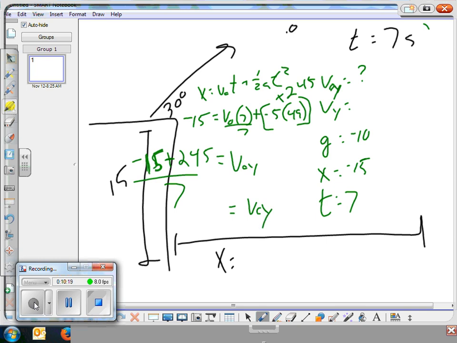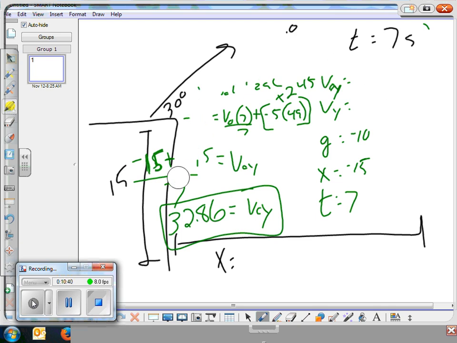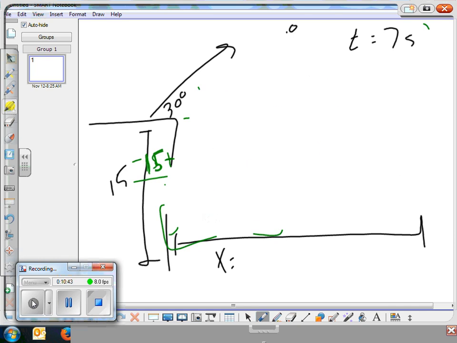So negative 15 plus 245, 230 divided by 7 would be 32.86. Notice it's a positive number, so that means that we have a positive y velocity, as long as we haven't messed anything up. So 32.86 is right here.